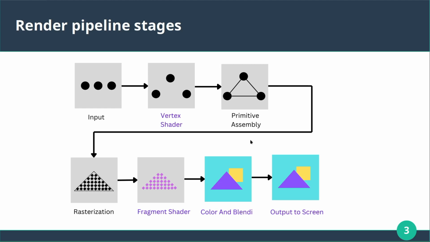Then we have the color and blending part of the pipeline. You already have something drawn to your texture, and you need to draw a new shape there. So what do you do? What if your object is transparent? This part does that, color and blending. We're going to have a whole video on it because it's a very complex topic.